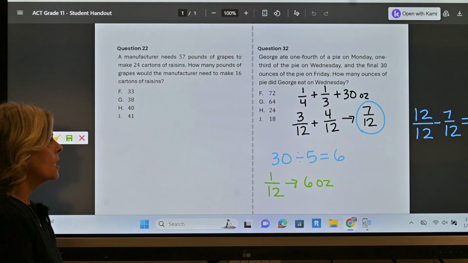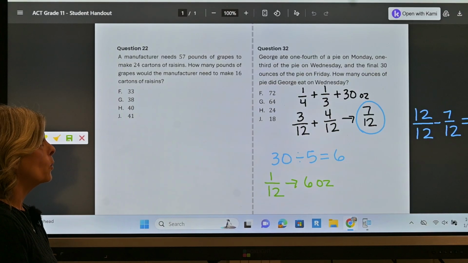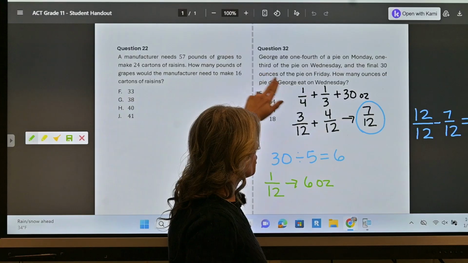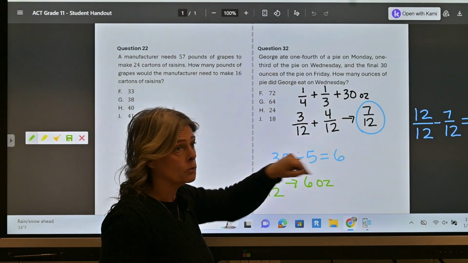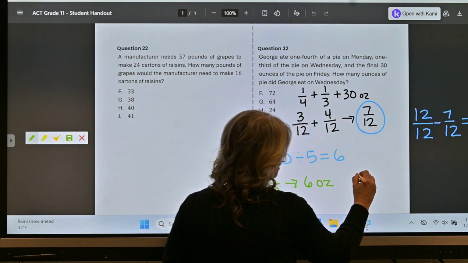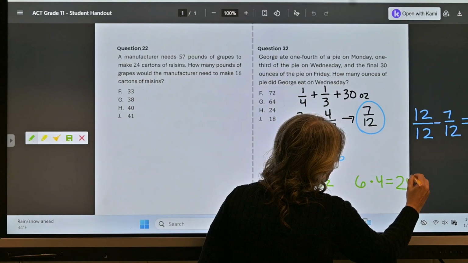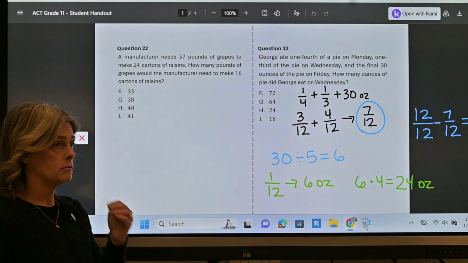Okay? So from there, I'm just going to answer my question. It says, how many ounces of pie did George eat on Wednesday? Well, on Wednesday, he ate 1/3 of a pie, which is really 4/12. So we're going to multiply 6 times 4. So 6 times 4 is 24 ounces that he ate on Wednesday.